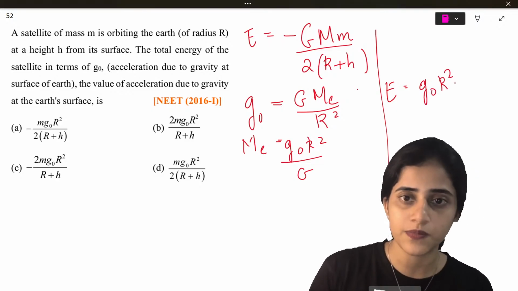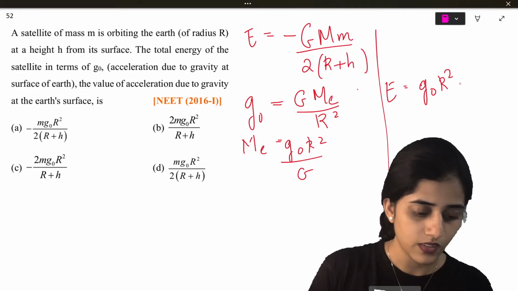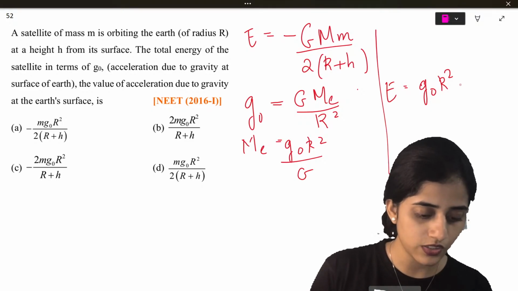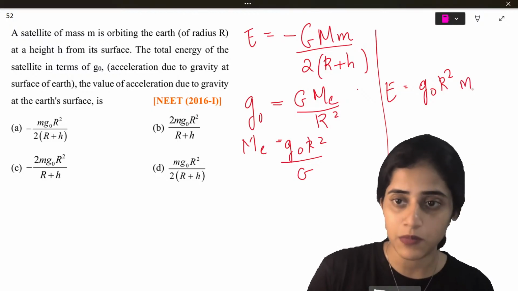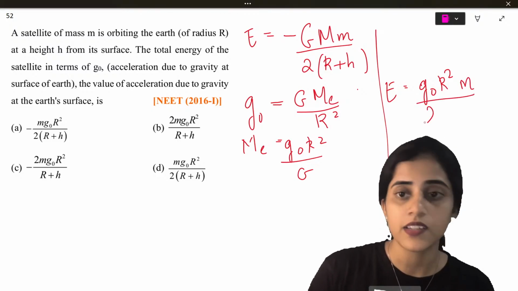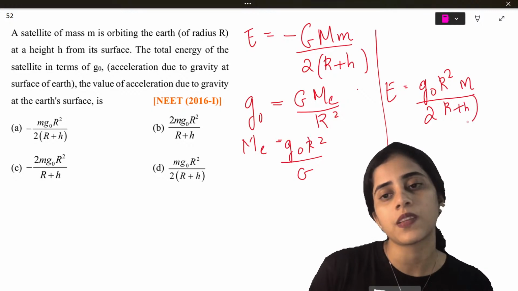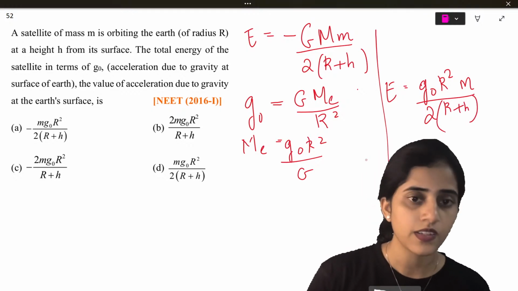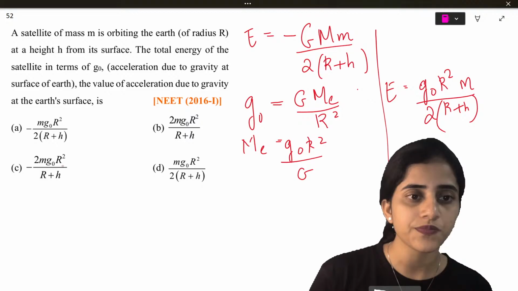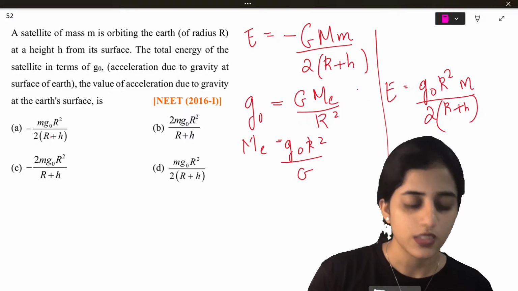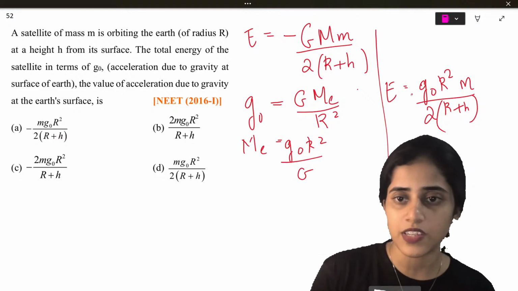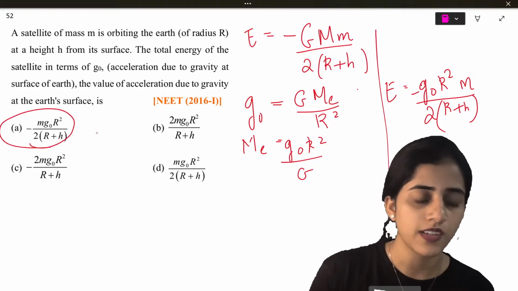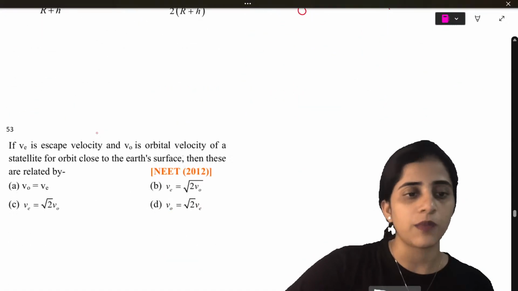What remains? m remains. The whole divided by 2 times (R plus h). It's negative. Energy is negative. So it's option A. Okay, very good.